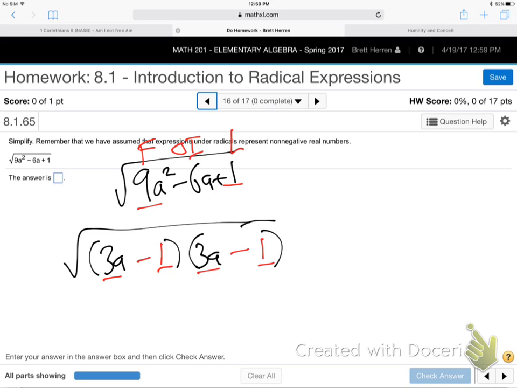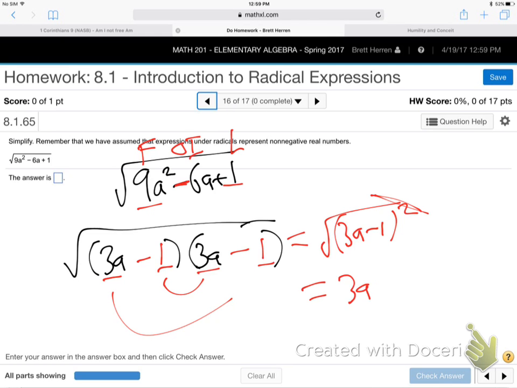And they're both negative to make negative 6 in the middle. Remember the inner, outer, all that stuff. So then that's going to be 3a minus 1 squared. Then what does the root do to the 2? It cancels it. And it's just 3a minus 1. So there's that section.